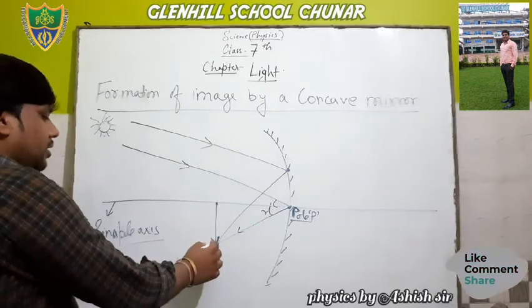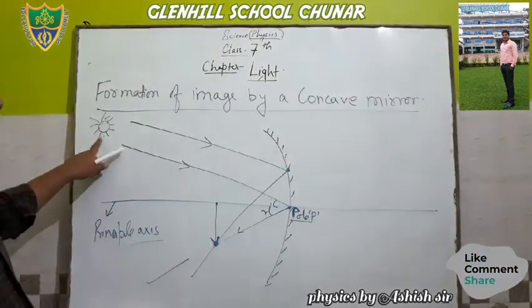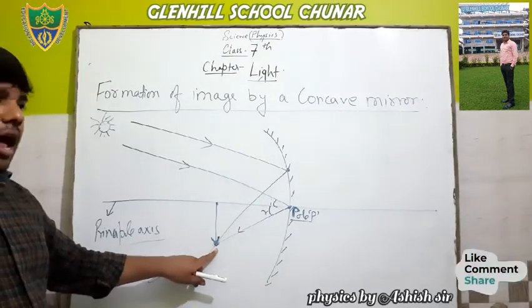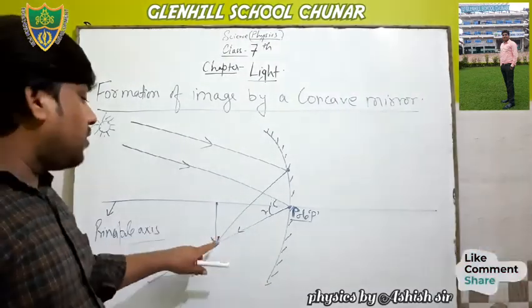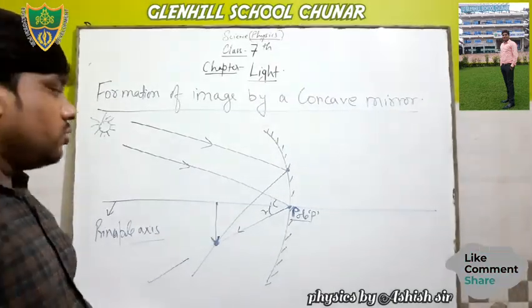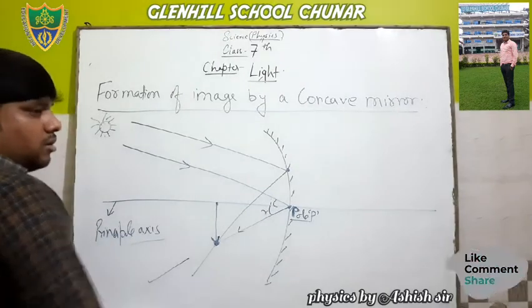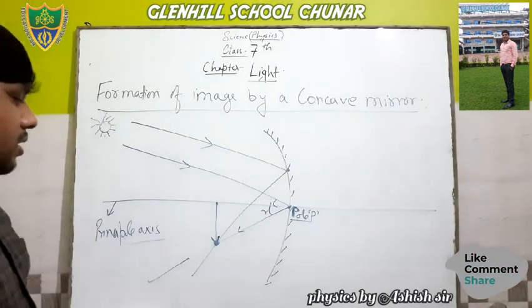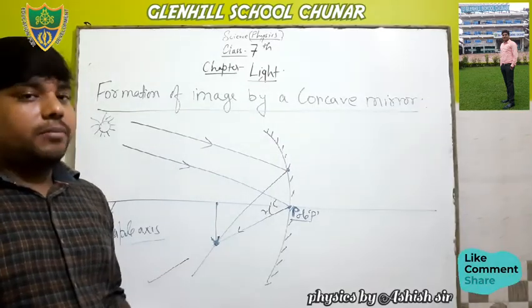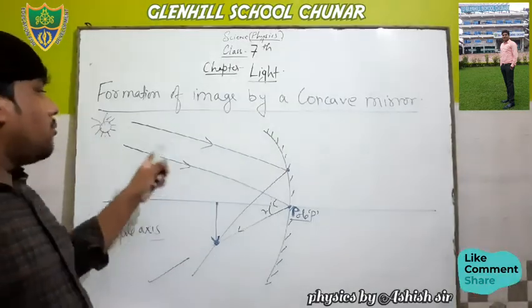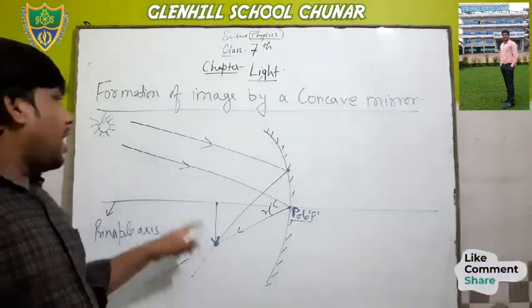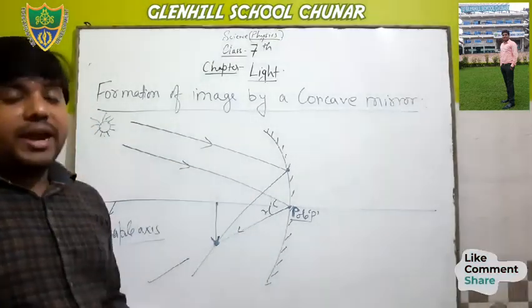At this point, the whole image of the sun is formed here, and the intensity of light at this point is very high. If you place a paper here, then that paper starts burning because all the rays coming here coincide at this point, and the image of the sun is formed at this point.